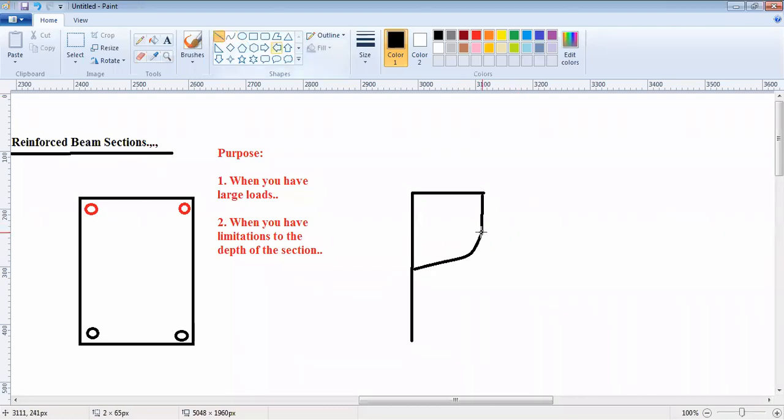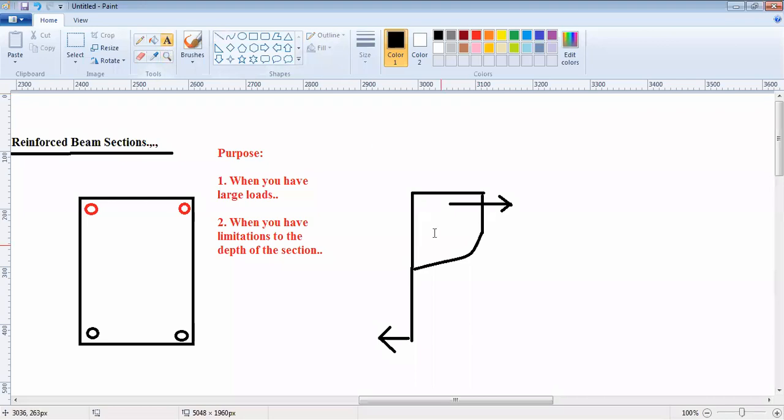You have a stress envelope like this for concrete in compression, then in tension. Now there will be additional compression stresses from the compression reinforcement.